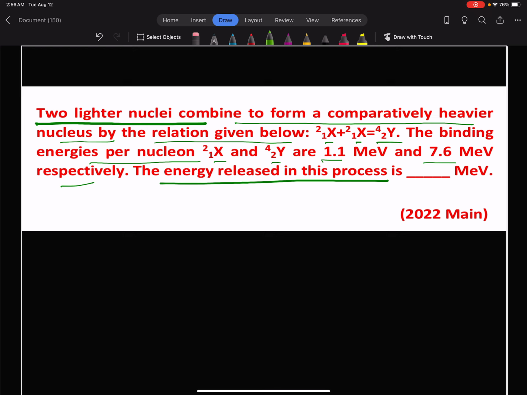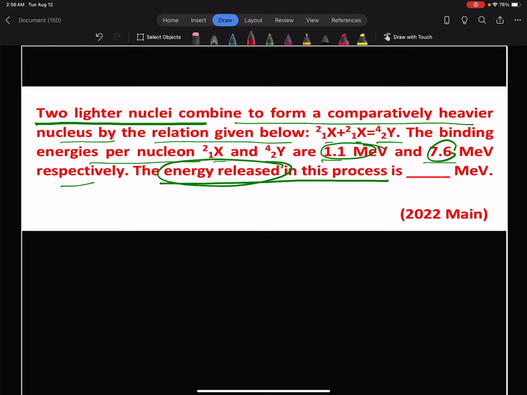In this case we can use the mass defect, or we can also use the binding energy, because the binding energy is given directly to us and the difference will give us the energy released.